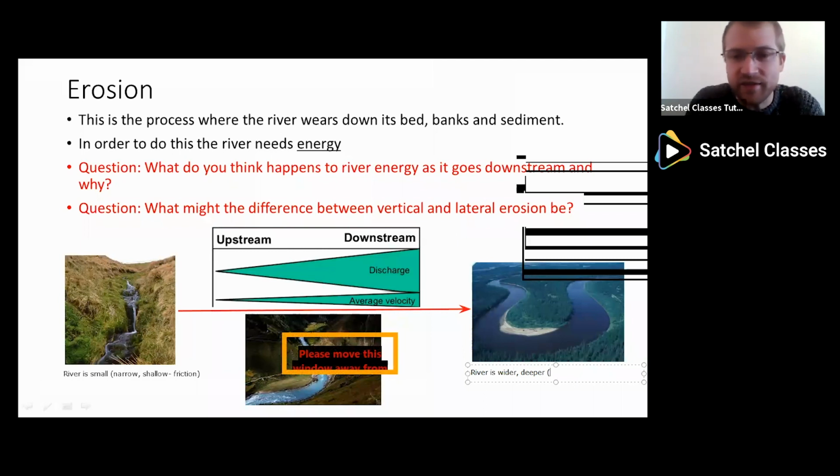And therefore there's less friction, and with that bigger volume of water, there'll be more power. So more volume, more power. So this river channel has more energy, and therefore we can assume that more erosion could take place here.